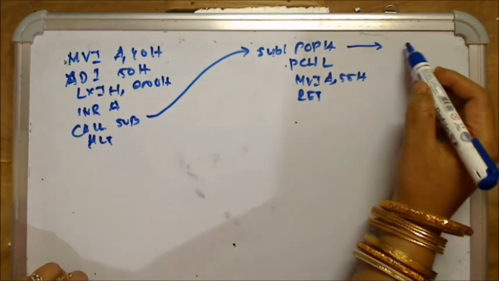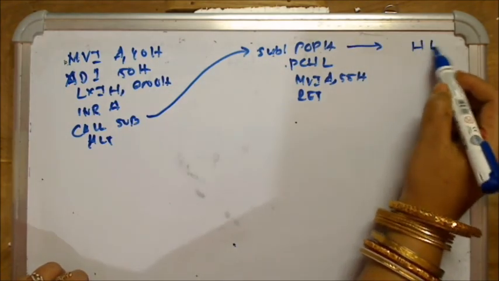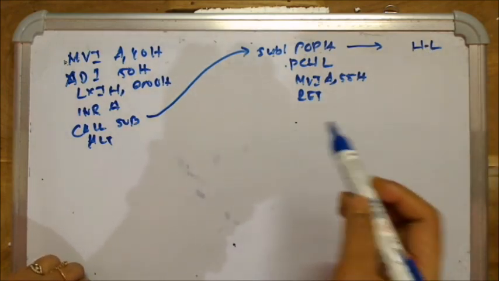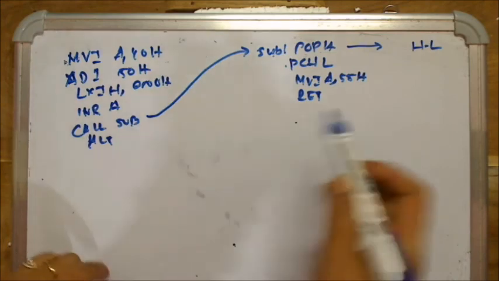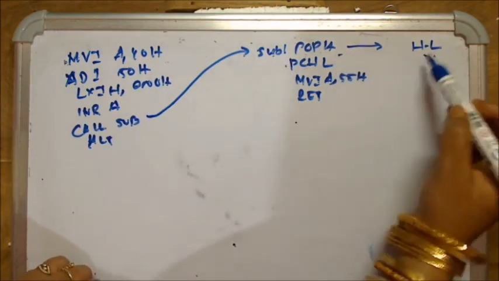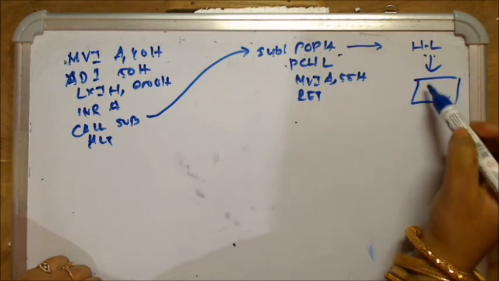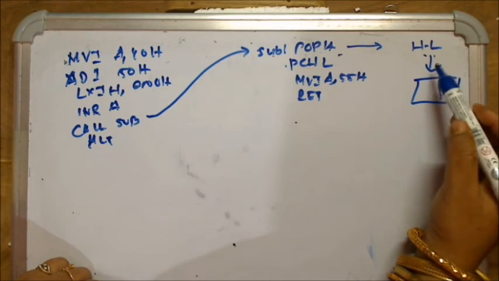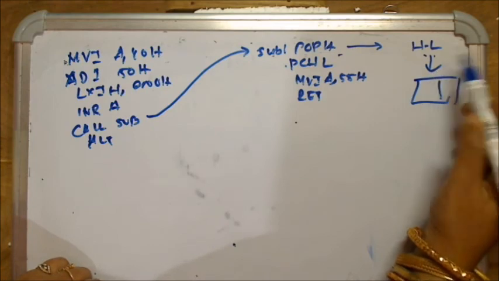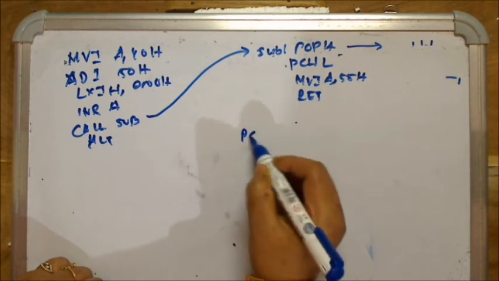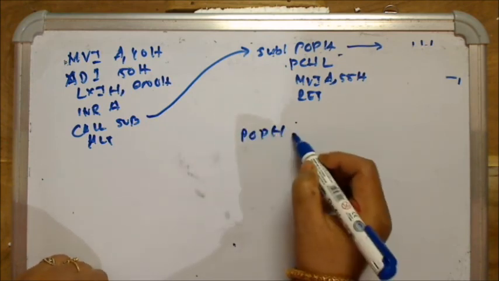Since during call we are pushing the program counter into the stack, by POP H you are retrieving the HL pair from the stack, right? POP H, what does it do?